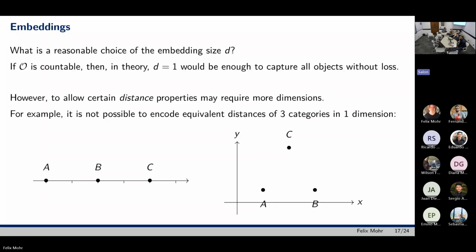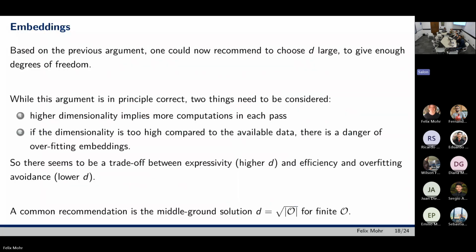Because if you have too many dimensions, we can basically fit specific representations for each possible point, which is also not so good.